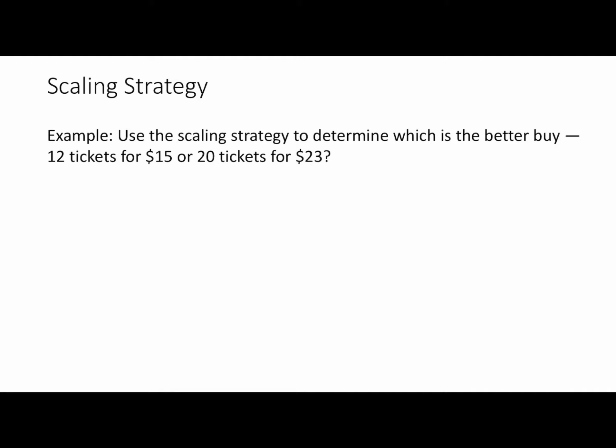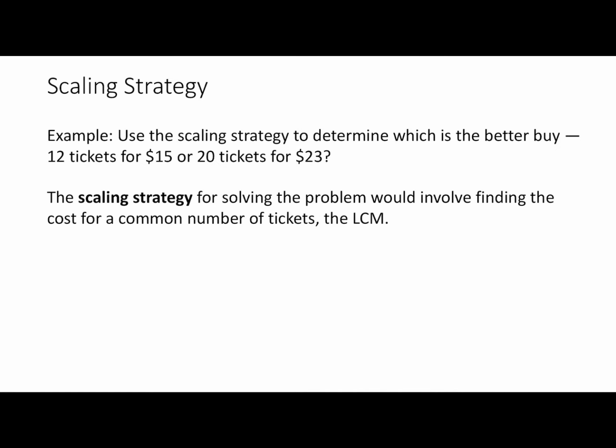All right, let's look at some strategies for dealing with proportional problems. So I want to determine which is the better buy, 12 tickets for $15 or 20 tickets for $23. Well, in the scaling strategy, I'm going to find the cost for a common number of tickets, and the common number that we want to take is the least common multiple. So I'm going to look at 12 and 20 and find their least common multiple. That's 60. And so to get to 60, if I start with 12, I need to multiply by 5.